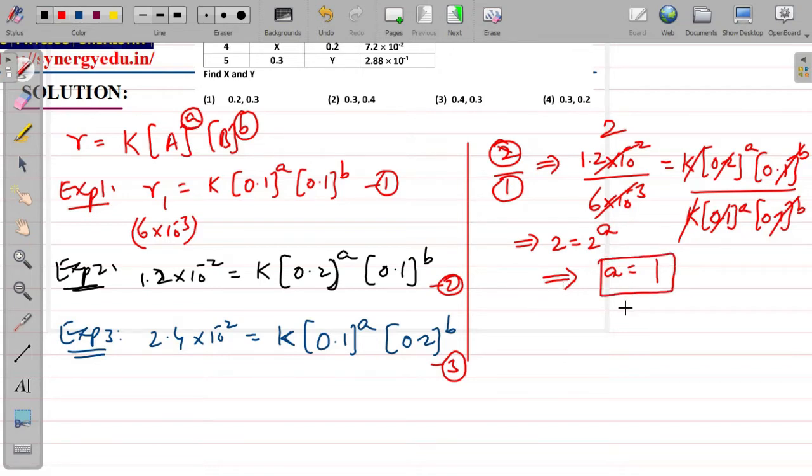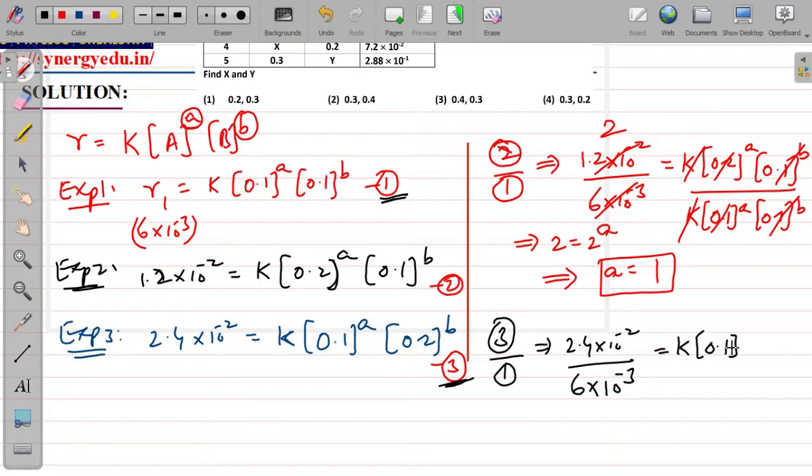Similarly, to get b, take equation 3 and equation 1. You can take equation 3 and 2 also, it's up to you. So 3 divided by 1, what am I getting? 2.4 into 10 power minus 2 divided by 6 into 10 power minus 3 is equal to K into 0.1 power a, 0.2 power b divided by K into 0.1 power a, 0.1 power b.